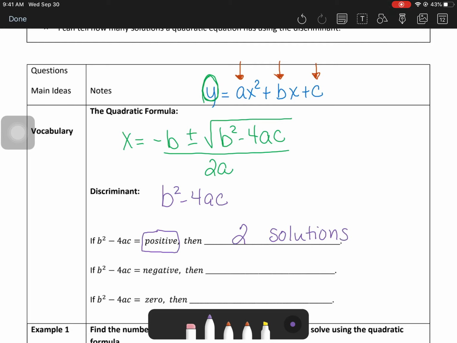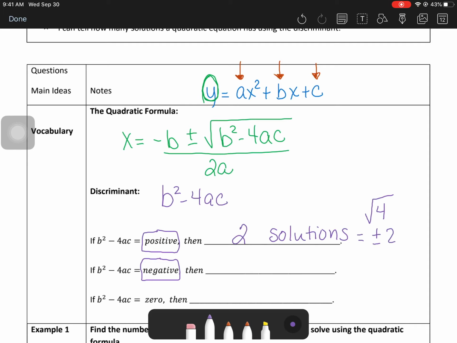For example, if under the radical there was a positive 4, we know that the square root of 4 could be a plus or a minus 2. If the answer under the radical is negative, we used to say that there was no solution in the real number system.